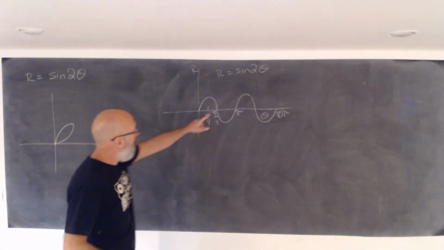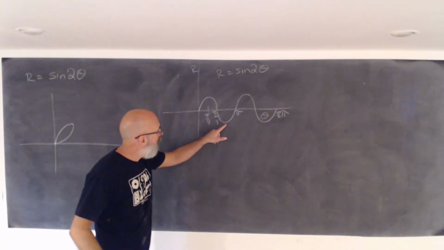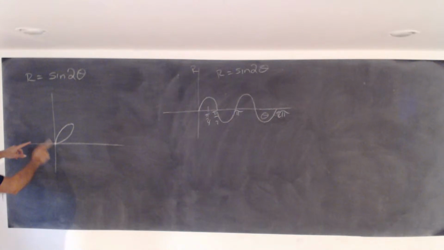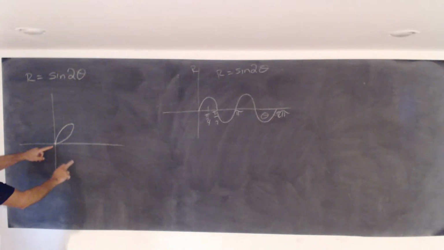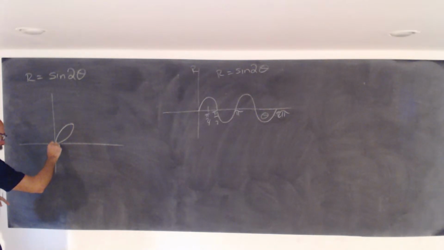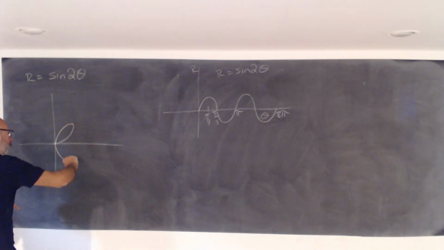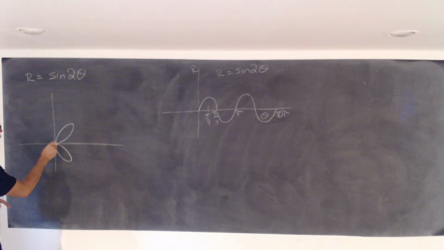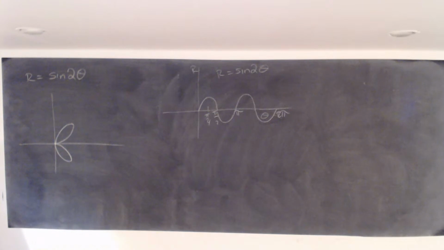You go from 0 to -1, so a distance of 1 in the opposite direction, back down to 0. So that's what happened between pi over 2 and pi.